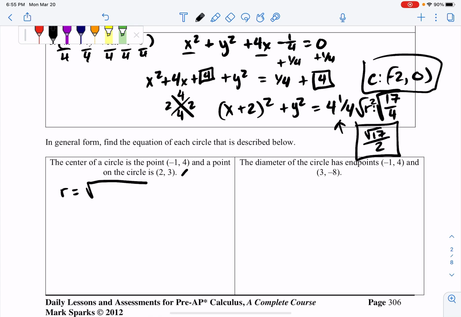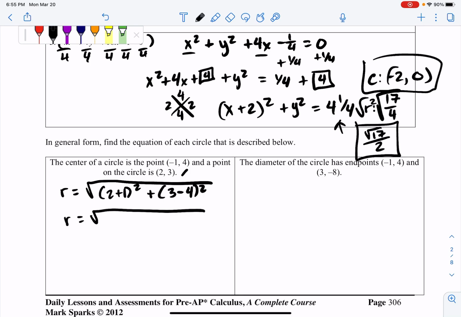So we're going to take the square root of 2 plus 1 squared plus 3 minus 4 squared. So the radius is the square root of 3 squared, which is 9, and 1 squared, which is 1. So we get the square root of 9 plus 1. So the radius of this is the square root of 10.